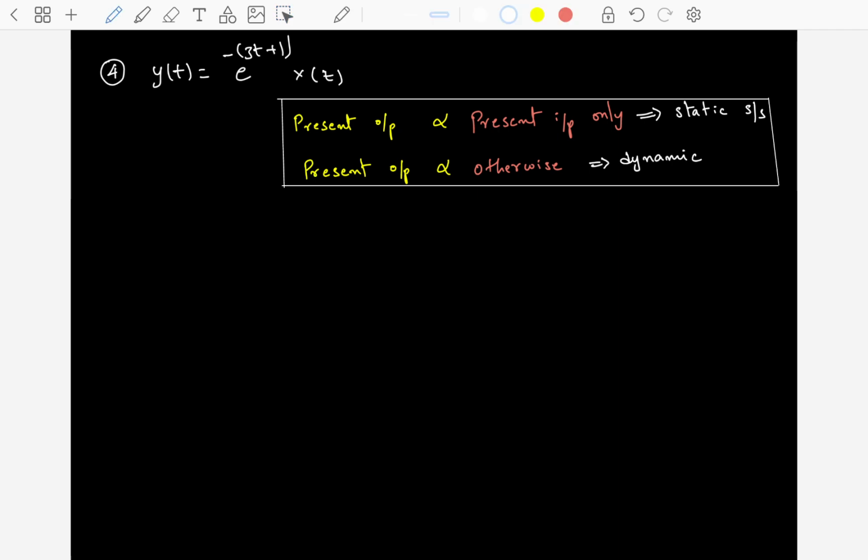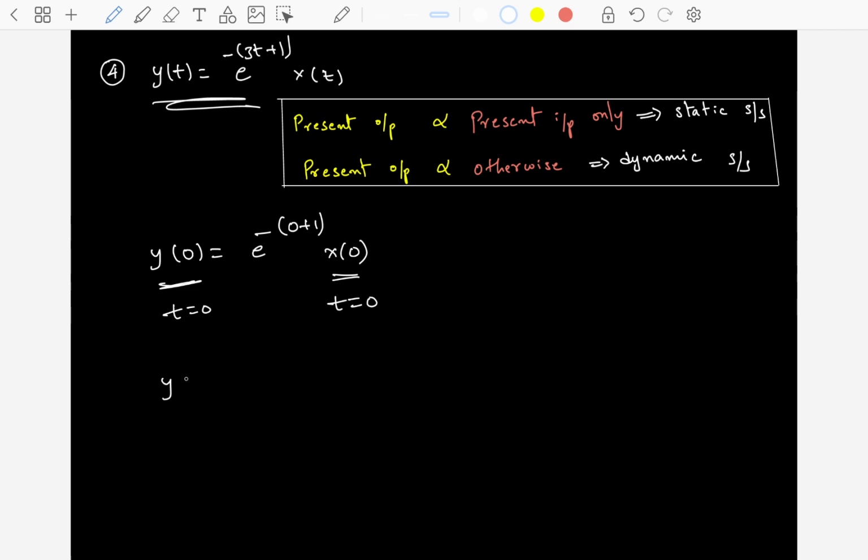If the present output depends on more than the present input, then the system is a dynamic system. So we will check for different values of the output and input relation. At t is equal to 0, y of 0 is equal to e to the power of minus 0 plus 1 into x of 0. Here the output is at t is equal to 0 and the input is also at t is equal to 0.